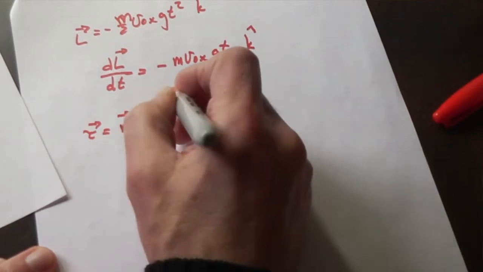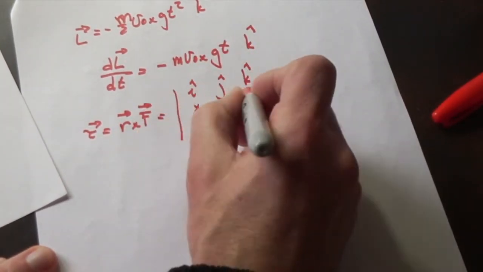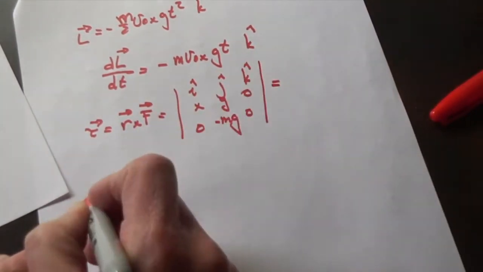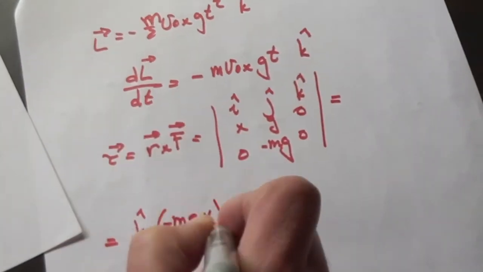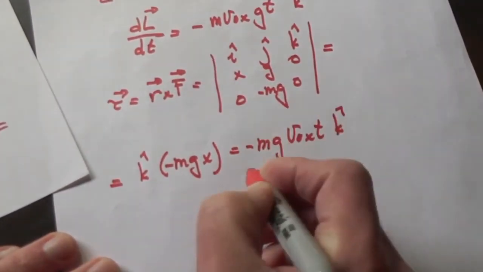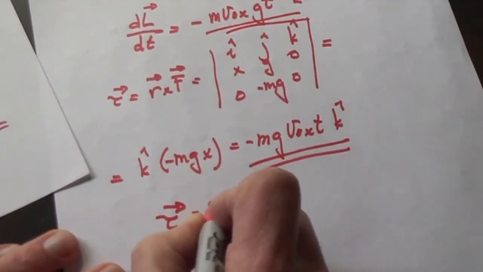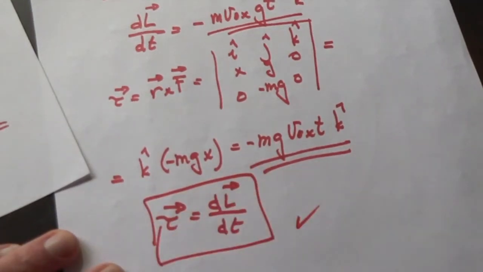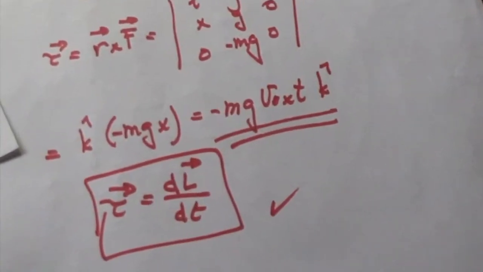To calculate now the torque, we need to multiply r cross product F. Here the force is the force of gravity, minus m g j hat. Let's do this cross product now. This gives us minus m g v0x t k hat, which is just the derivative of the angular momentum with respect to time. Fantastic, right? May the science be with you.